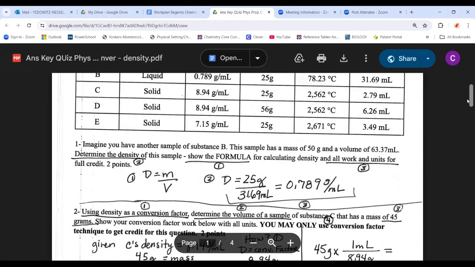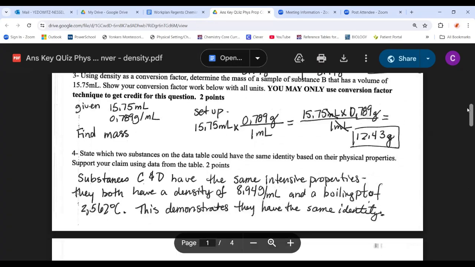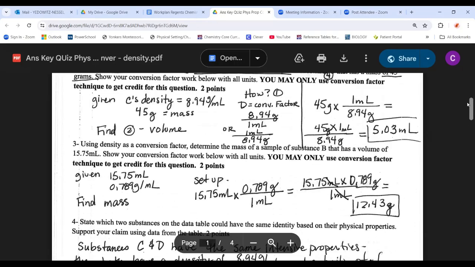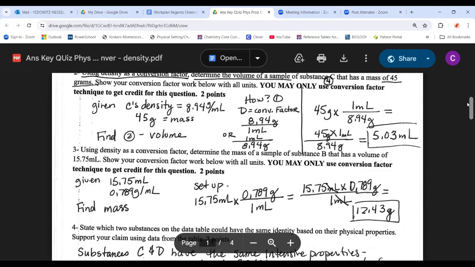Okay, so question 2. Question 2 and 3, the skill I was testing you on was whether or not you could use density as a conversion factor. So if you had issues with these two problems, 2 and 3, then chances are you don't understand what conversion factors are.